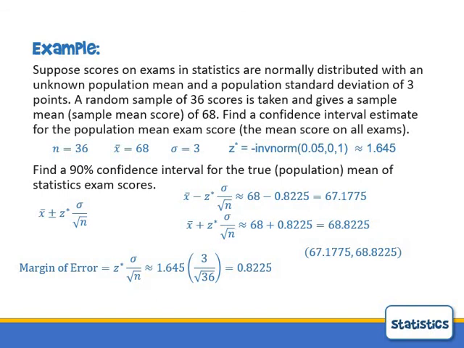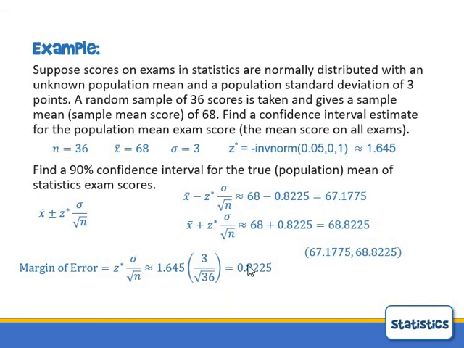And then you just throw everything into the formula. You could do it all at once. Sometimes questions will ask you for the margin of error first, so that's the way I did it. The margin of error in the formula is the z star times sigma over square root of n. So we figured out using inverse norm that z star would be 1.645. Sigma was given as 3, n is 36, so we divide by square root of 36, or 6, and we get 0.8225.